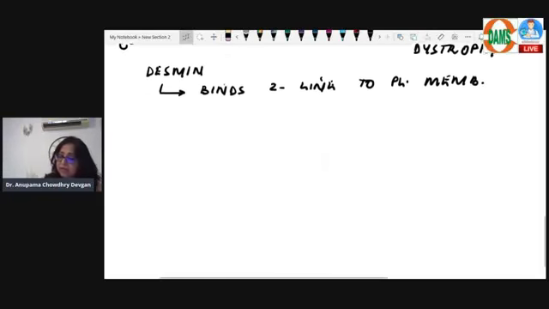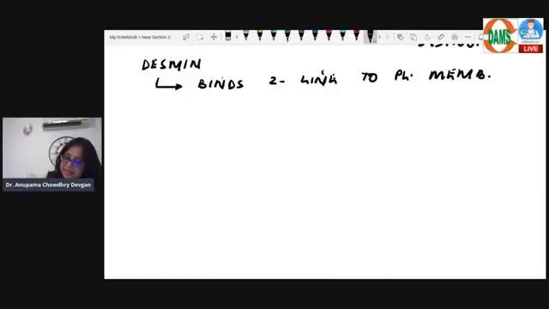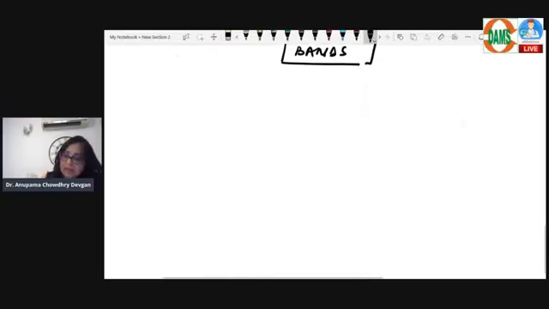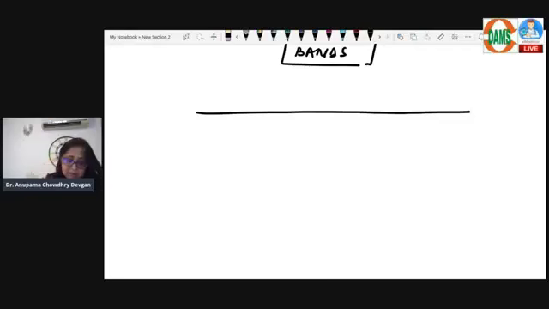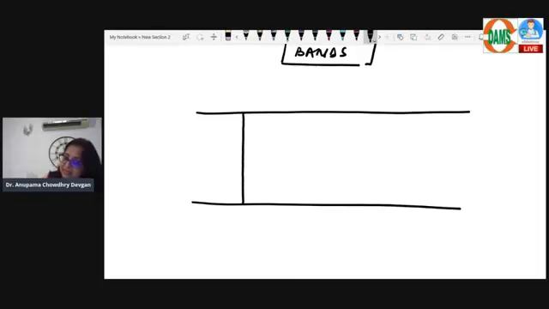Now, these are your different proteins. Next, let's have a look at the bands which are present. When I look at a sarcomere, like I told you, between the 2 Z lines is the structural and the functional unit, which is called the sarcomere. This is one Z line here, and this is another Z line.